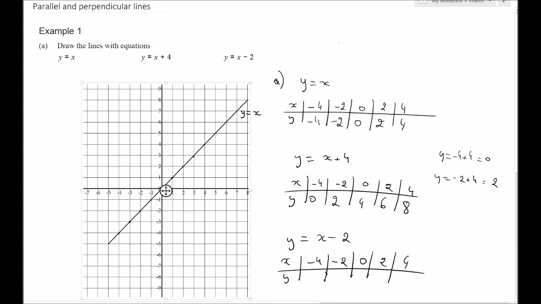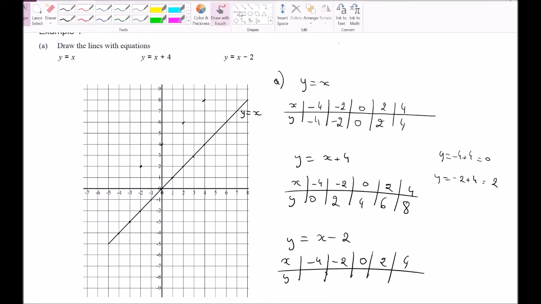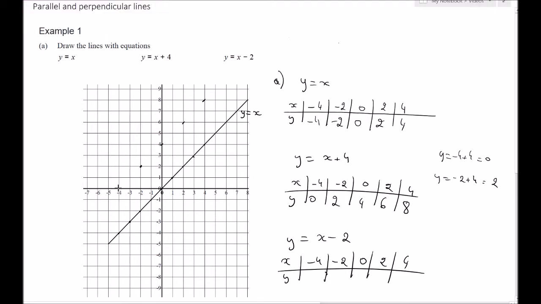Minus 2, 2, that's here. 0, 4, that's here. 2, 6, over there, and 4, 8, over there. Okay, let's plot that. Don't forget to label. This is y is equal to x plus 4. Let's have a look at the other one.